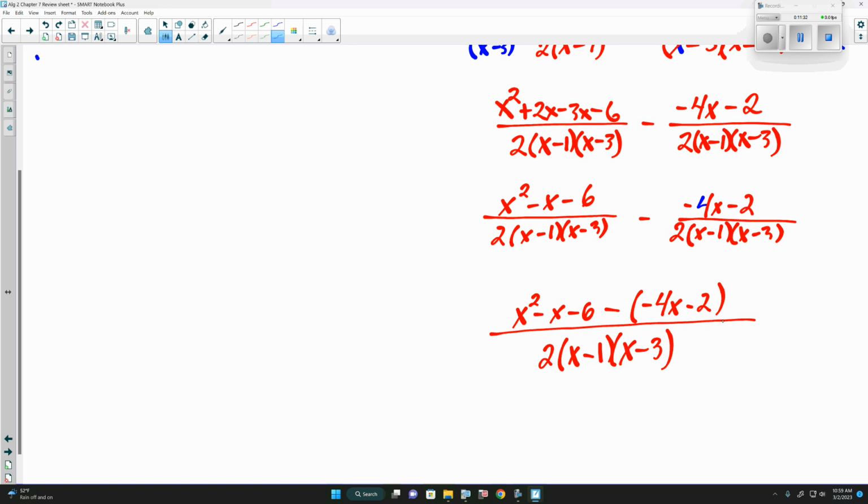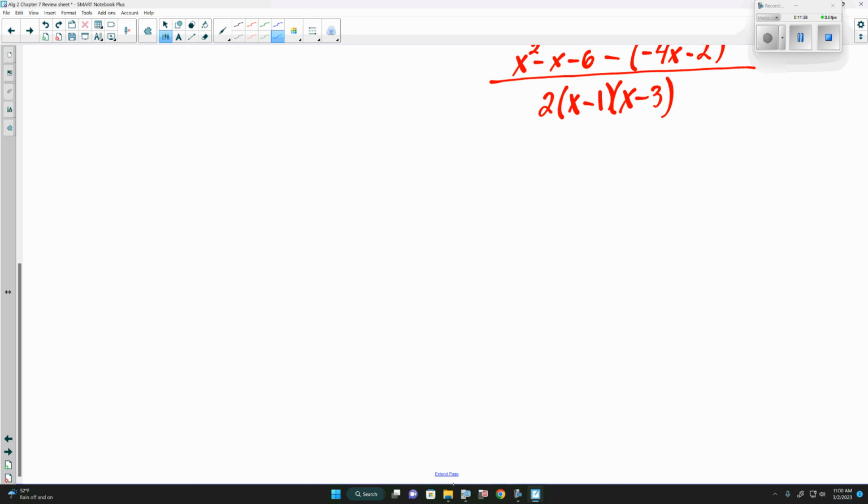If we feel comfortable with doing this subtraction and applying that negative to both, we can, which will really just tell us that we have x squared minus x minus 6. The negative and negative 4x will make it be plus 4x. The negative and negative 2 is going to make it plus 2.